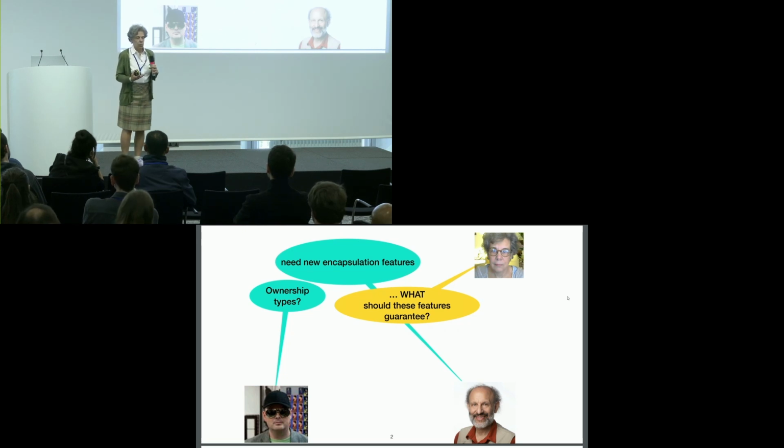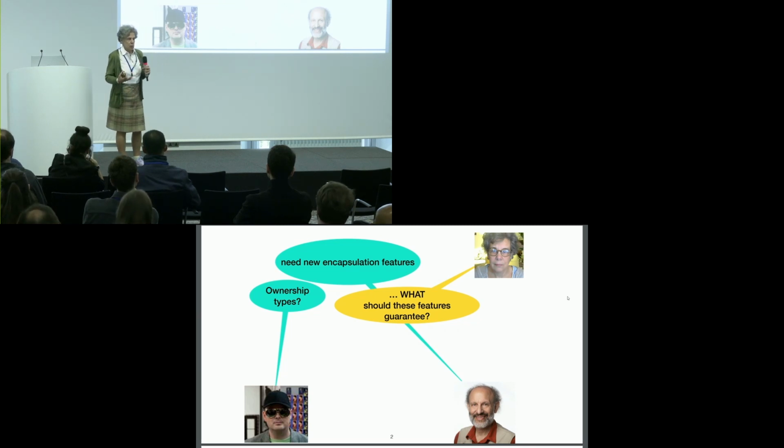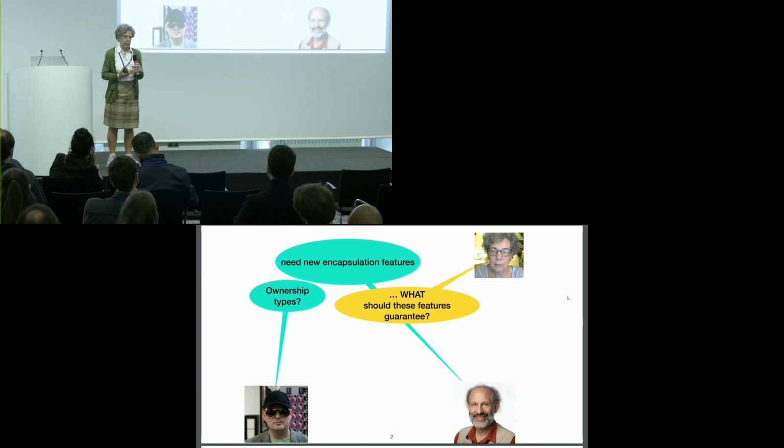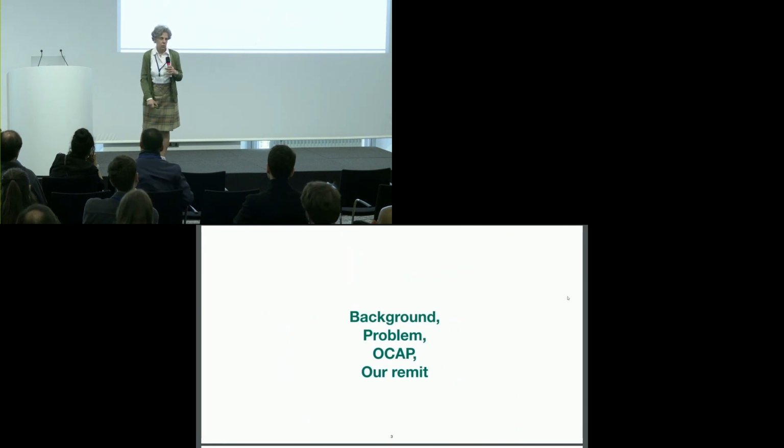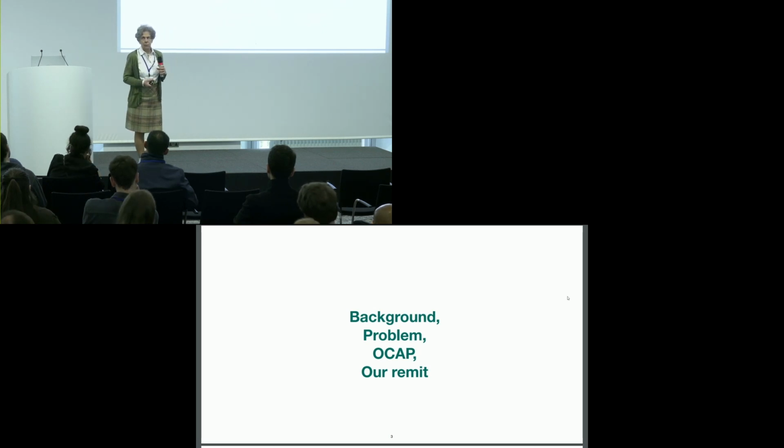And we came to the conclusion that things like private fields or ownership types or membranes are all mechanisms that allow you to write secure programs, but how are these mechanisms used? So this is the subject of the discussion today, and I'm going to give you the background that we are working with, the problem, then what do object capabilities do, and what is our remit.